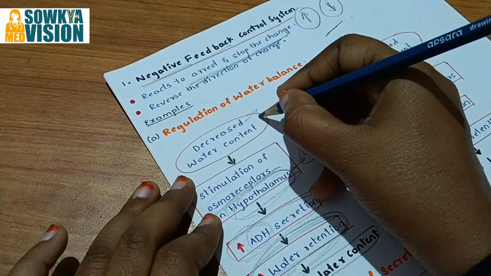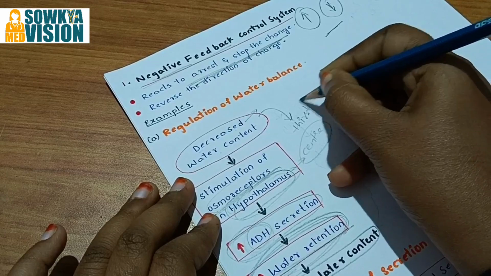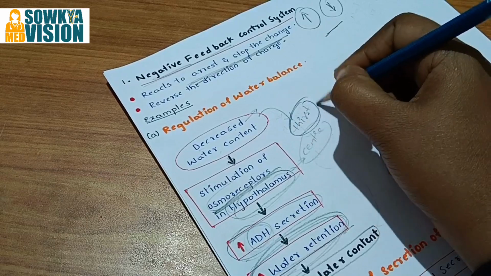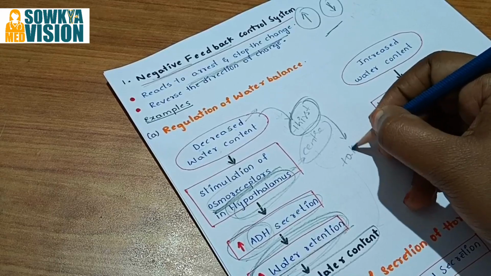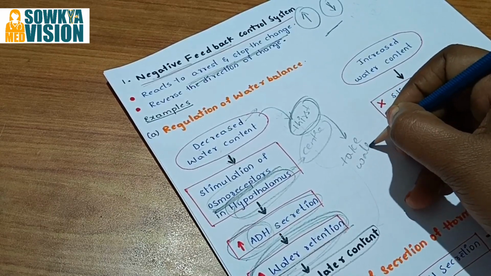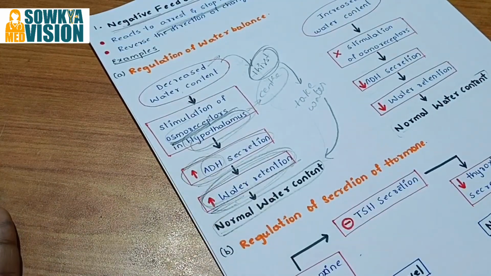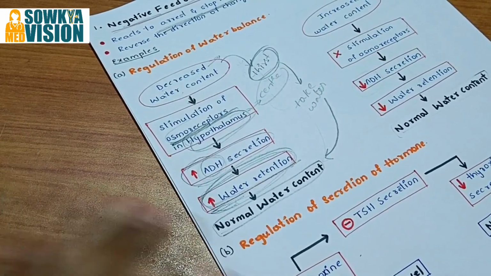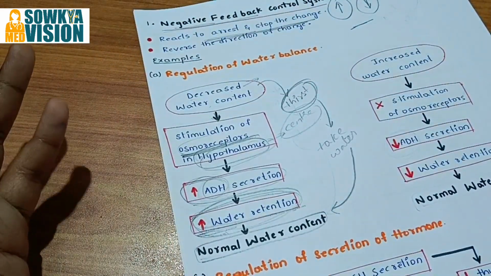Along with this mechanism, we also feel thirst, dryness of the mouth, which makes us drink water. Through this, the normal water content is achieved. Homeostasis, equilibrium is achieved. This process is when the water content is decreased in the body.